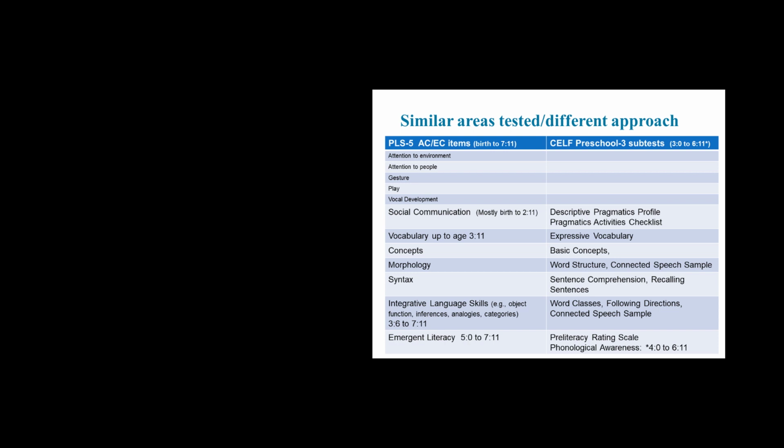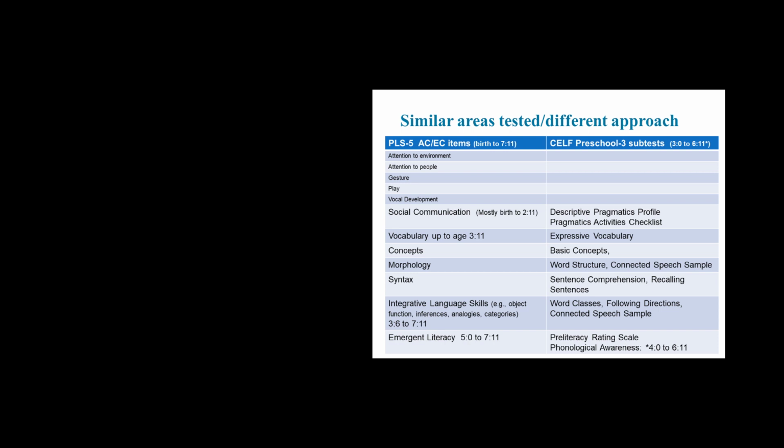Both look at acquisition of basic concepts. Both look at morphology and syntax. Both look at some kind of integrated tasks, like using their understanding of concepts and sentence structure in the following directions subtest.